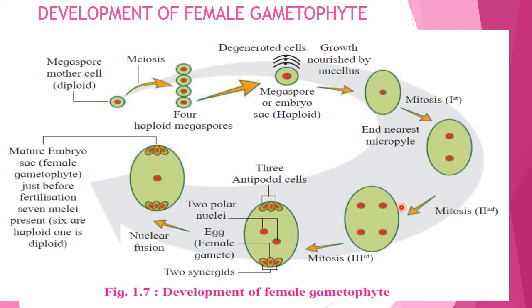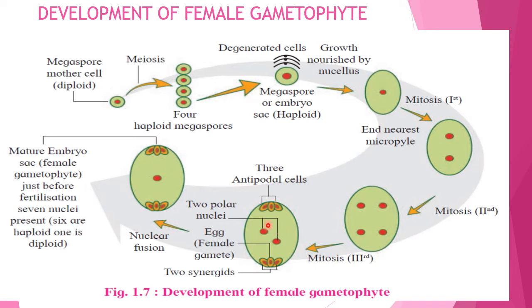Then each nucleus undergoes the second mitotic division, and 4 nuclei are formed. Then each nucleus again divides into 2 by mitosis, so that 4 nuclei become 8 nuclei.